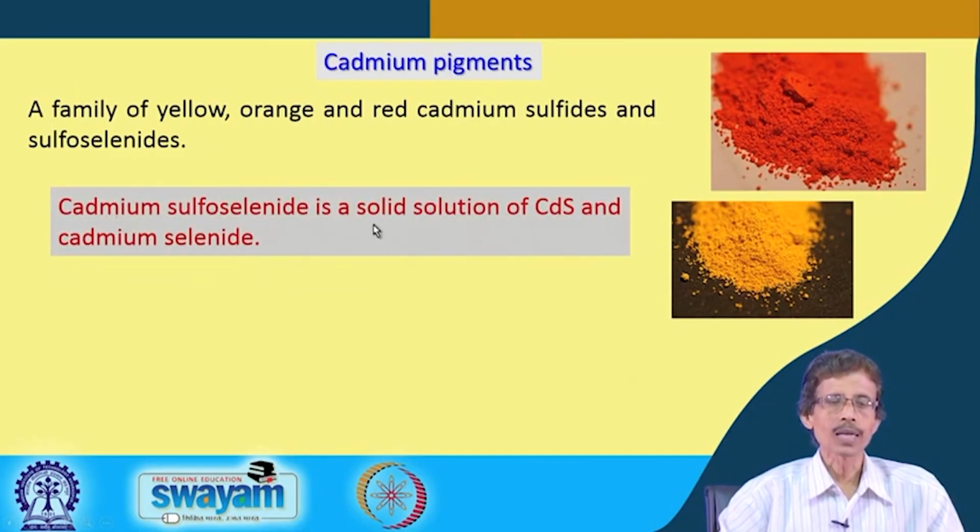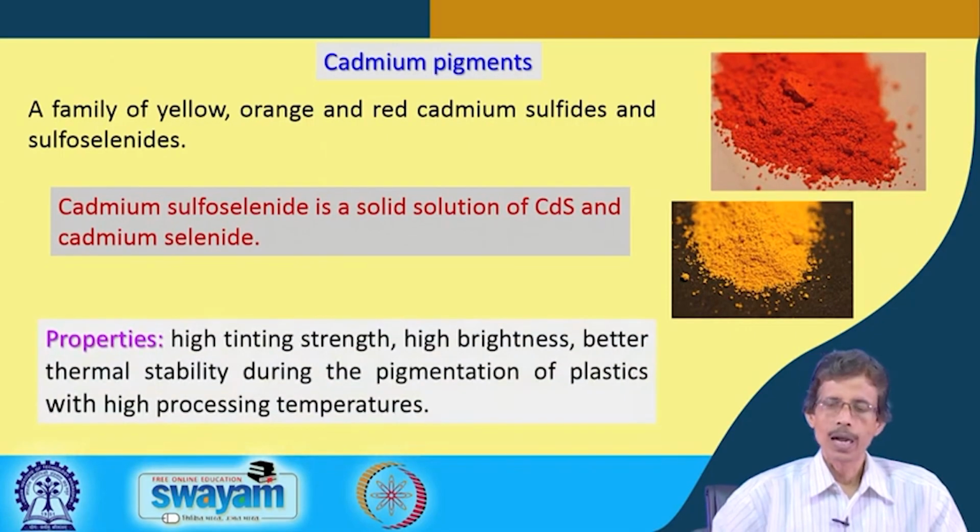So, cadmium sulfoselenide is a solid solution, like the thing we get for lithopone, a solid solution of cadmium sulfide and cadmium selenide. That is why it is known as the sulfoselenide compound. And regarding the properties of this cadmium compound, nowadays we have outdated the use of cadmium, because cadmium is not a good material, it is harmful, but still we use it for some special purposes like the cadmium battery.